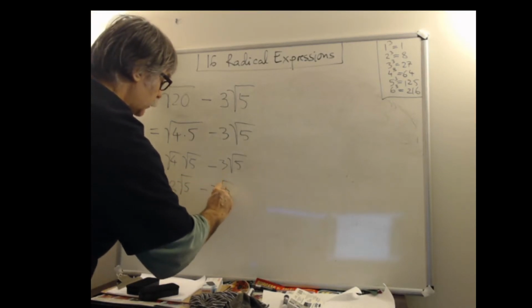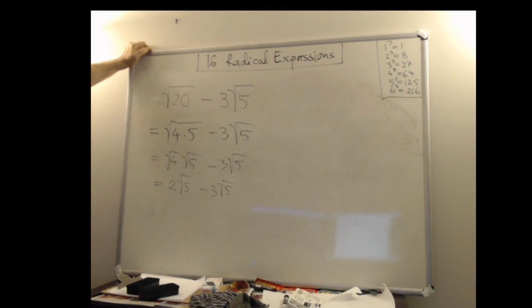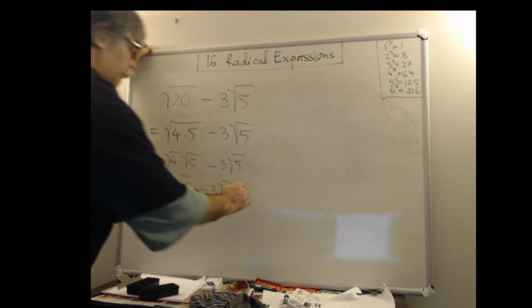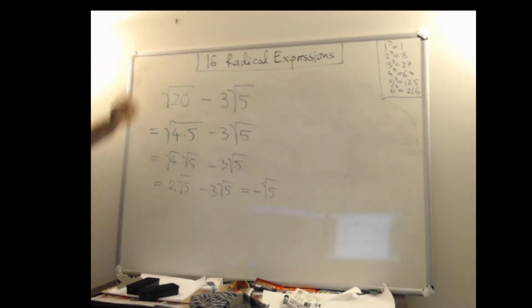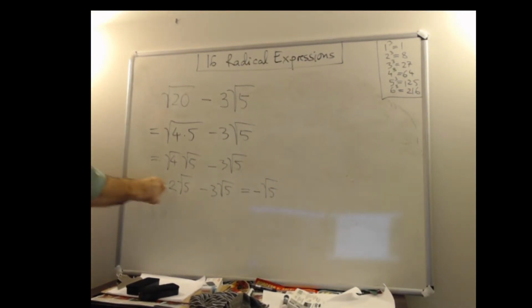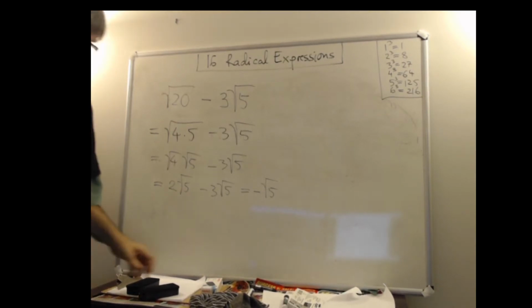And now you have the fruit analogy. 2 minus 3 is -1. What? Bananas, right? 2 bananas minus 3 bananas is negative banana. I'm getting tired of talking about apples and oranges all the time.